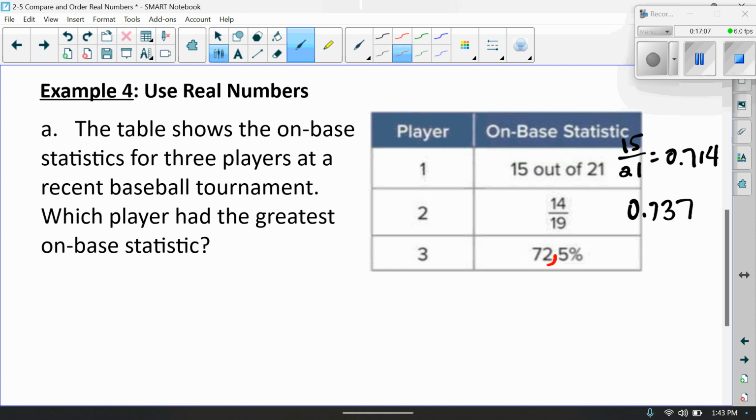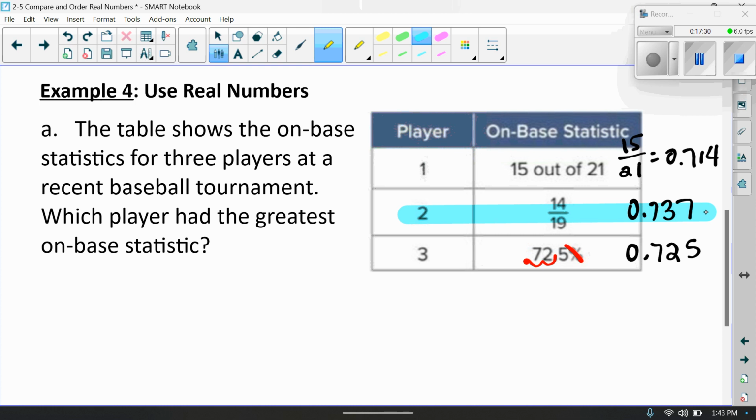To change that to a decimal, we just take away the percent sign. So this is going to be 0.725. So, which player had the greatest on-base statistic? Which one is the highest? Player 2. Here is player 2. Is everybody clear?